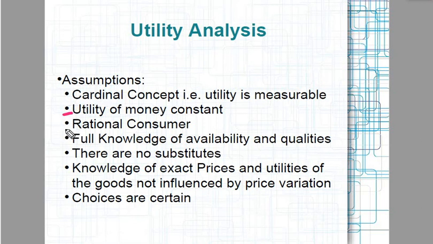Rational consumer. It's considered that a person wants something, that's why he is trying to consume something, that he's deriving some kind of satisfaction from it. However, sometimes there are exceptions, like substance addiction, substance abuse, that's one big problem.